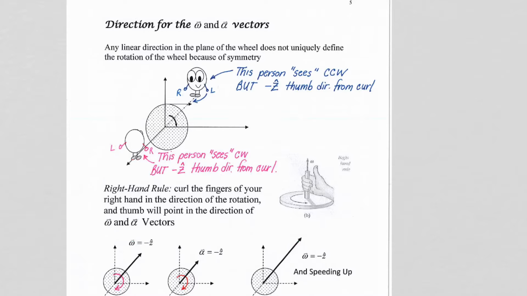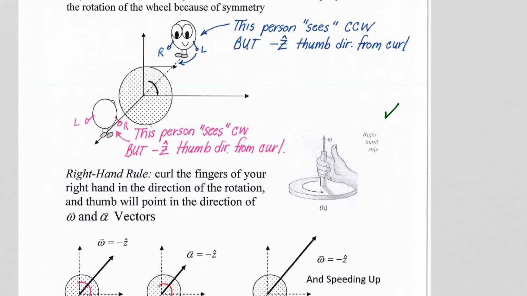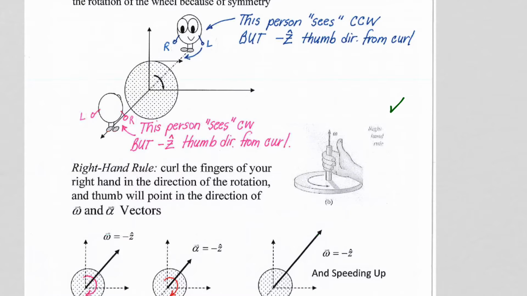In this lesson, we are going to look in more detail about assigning positive and negative for clockwise and counterclockwise rotation. And the most important thing is that we immediately jump to this image here and that we think of the direction of the omega vector, which we have here.